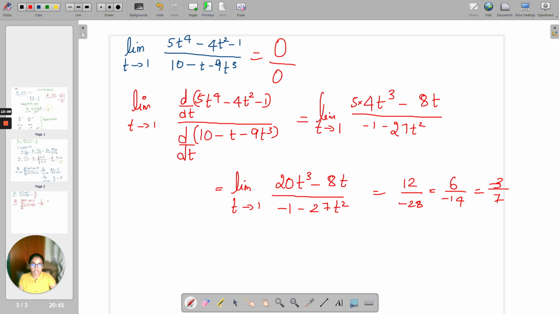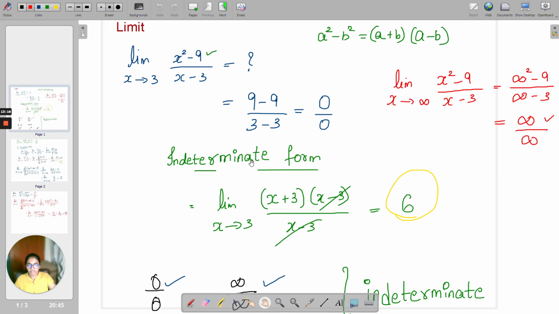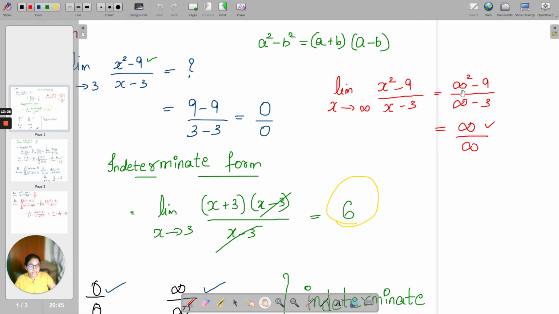Okay. So yes, what did we study in this lecture? We tried solving a problem where we got a 0 by 0 form. In mathematics, 0 by 0 form is called an indeterminate form. So are there any other indeterminate forms? Yes, infinity. We solved another problem where we got infinity divided by infinity.